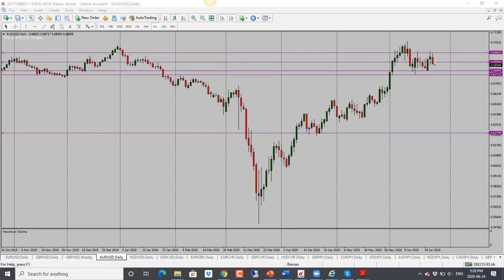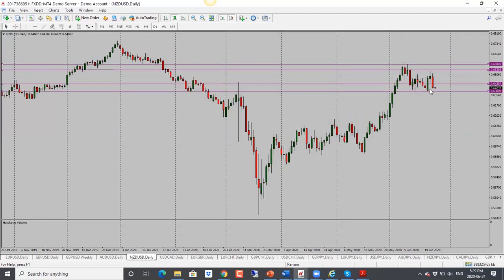In terms of a pullback, we may get a pullback into 0.6880, but overall I am looking for a drop here. First target is 0.6800 and then 0.6775. So bearish bias here for Aussie dollar as well. New Zealand dollar, same thing, big bearish engulfing candle today.